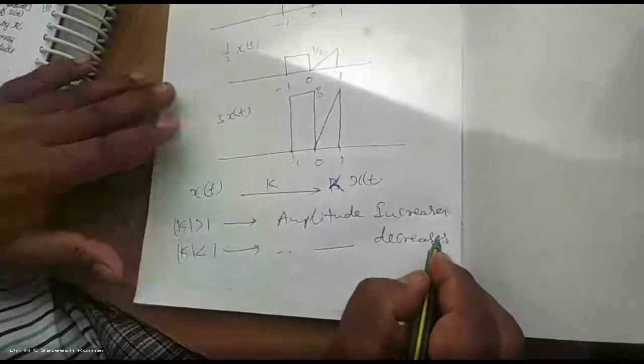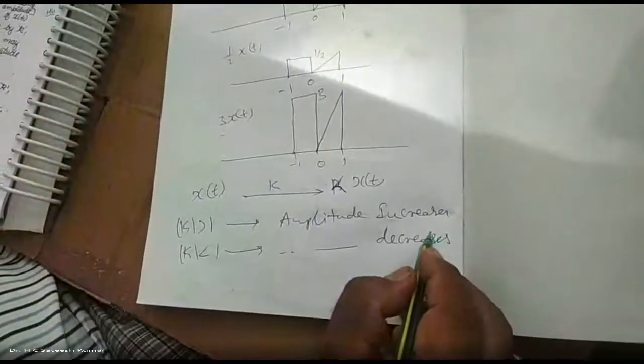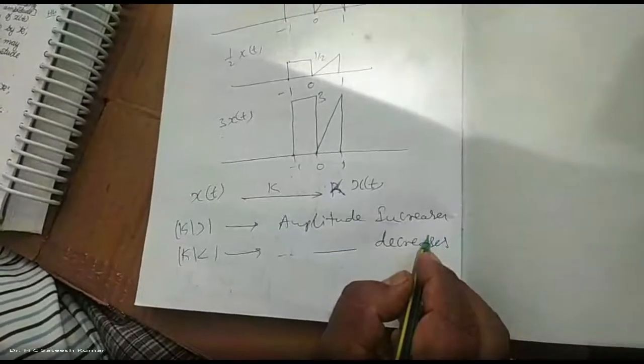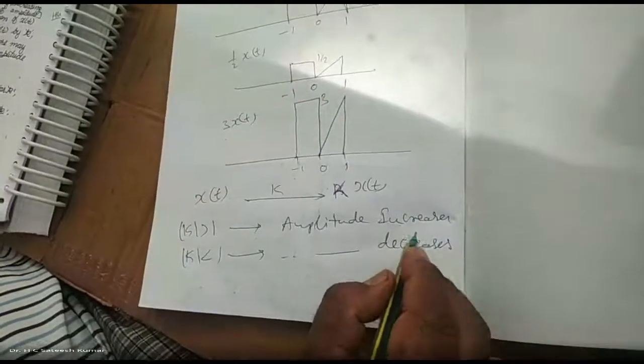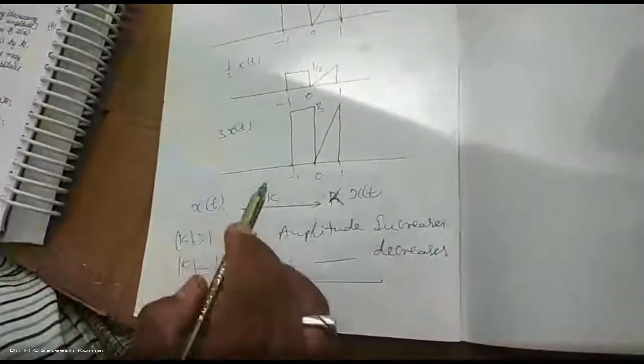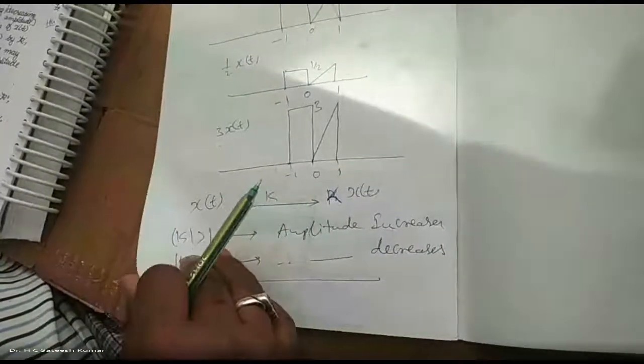So depending upon the value of k, where k is the amplitude scaling factor, there will be change in the amplitude. Okay. So you should understand that in case of time scaling, whenever k value is greater than 1, there is a compression. But here it is expansion. The opposite will be there, right? You should carefully do it while doing in the examination, right? So that is about the amplitude scaling.